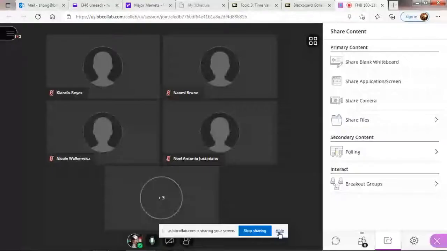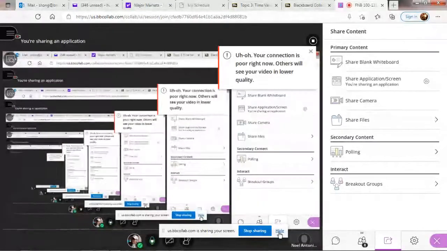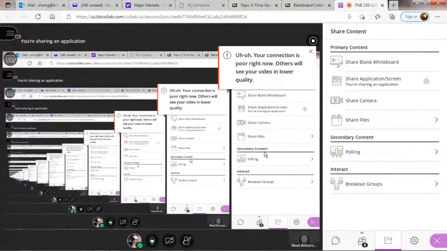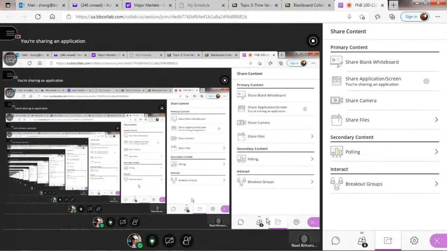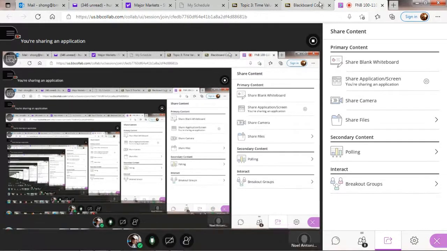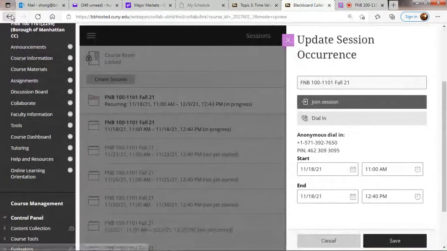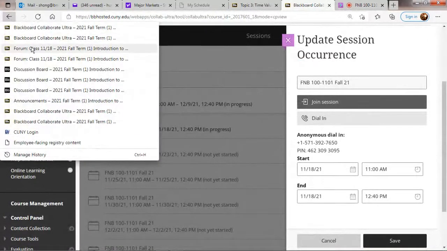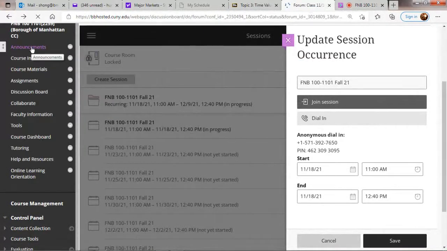Let's see. It looks like we have 7 people currently in the Collaborate. My connection is poor. Let me check how many are in today's forum.